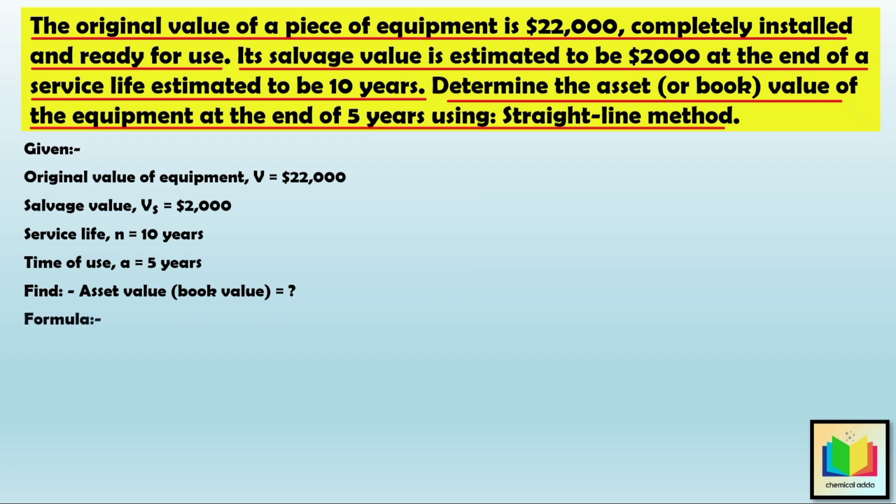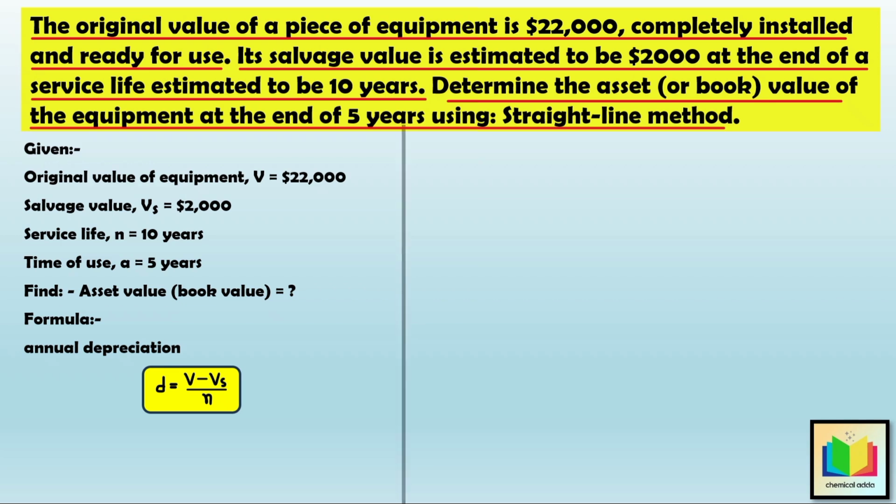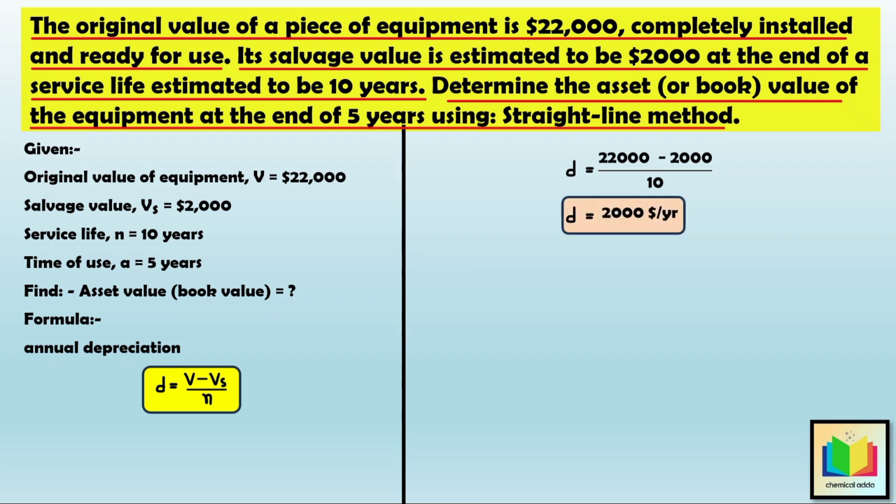The formula for annual depreciation is D = (V - Vs) / N. After substituting the given values and solving, we get D = $2,000 per year. So, the equipment loses $2,000 in value every year. Now let's calculate book value after 5 years.